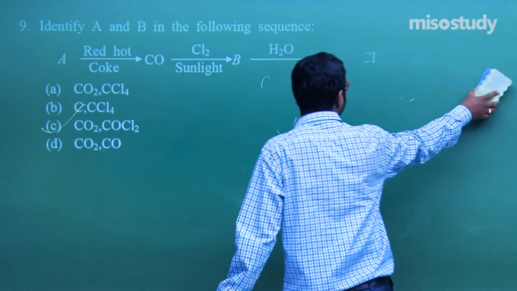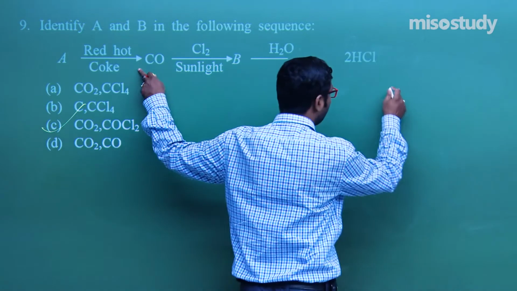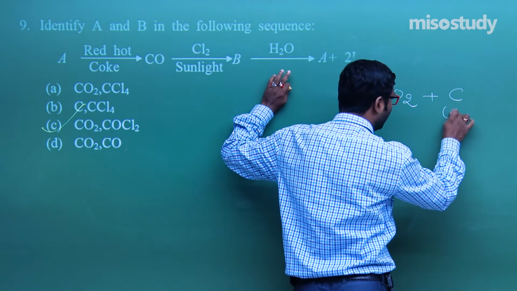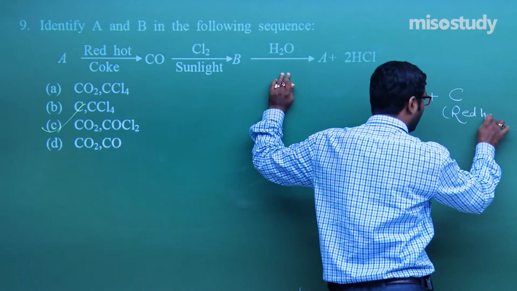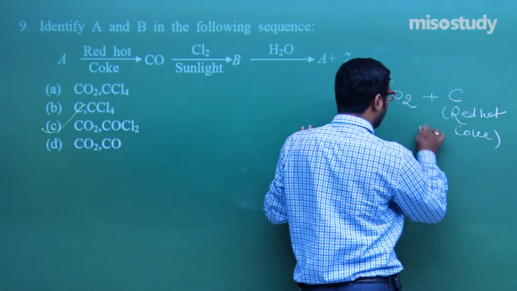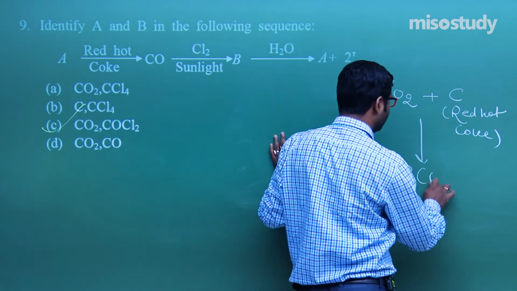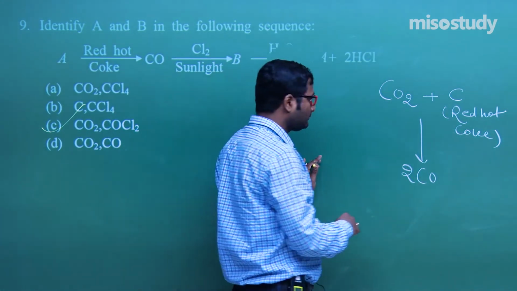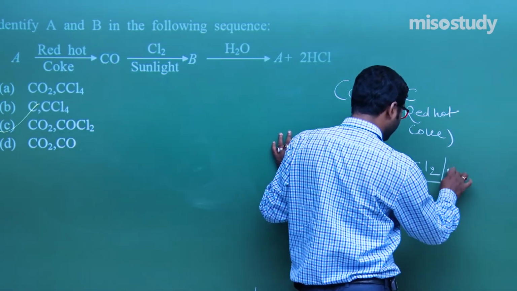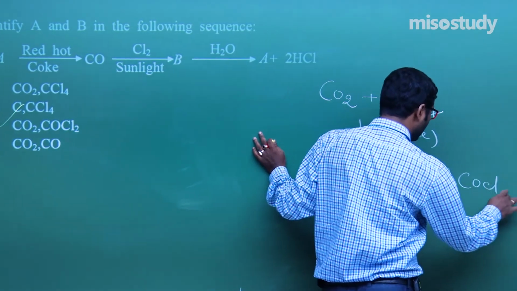Now how to arrange this reaction? Look at what I am telling. It can be written like this. We can easily assume A is CO2. CO2 plus C, that is red hot coke, gives carbon monoxide, 2CO. Now on treatment with Cl2 in presence of sunlight it gives COCl2.